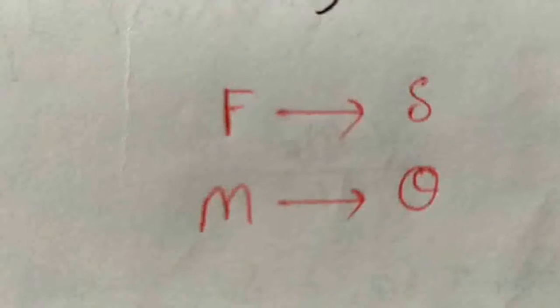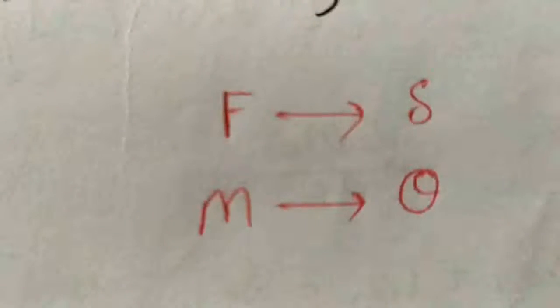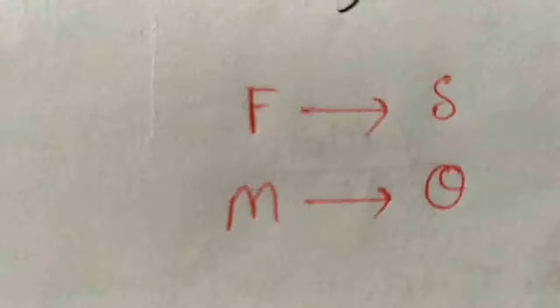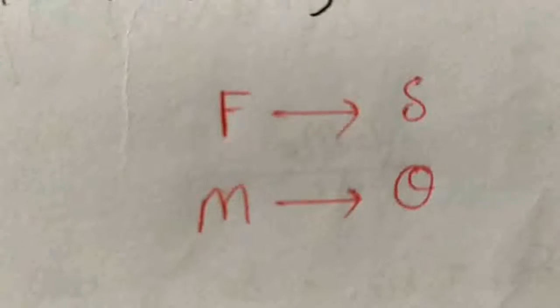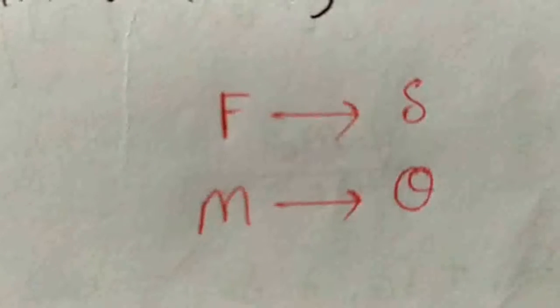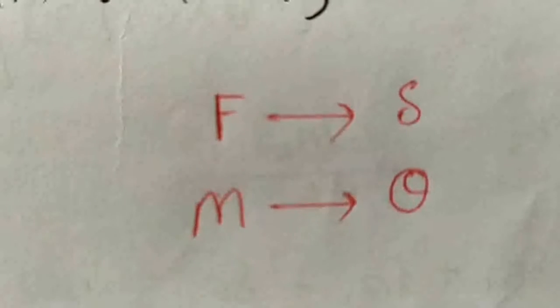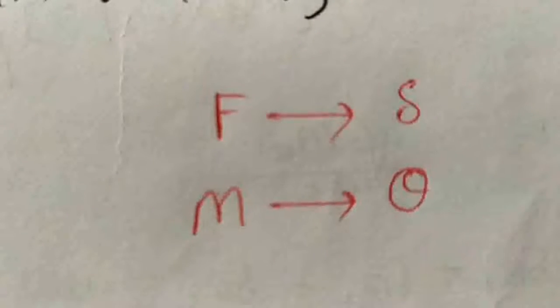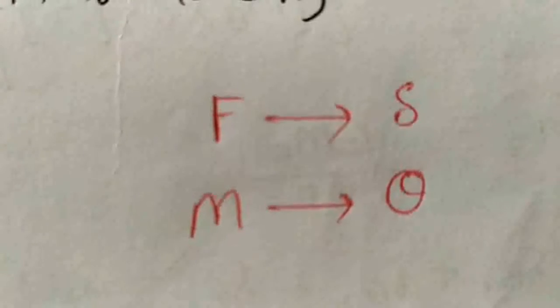So for simplification, I have written this: if you apply a force, then you have to consider a displacement. If you apply a moment, then the governing deformation is the rotation.